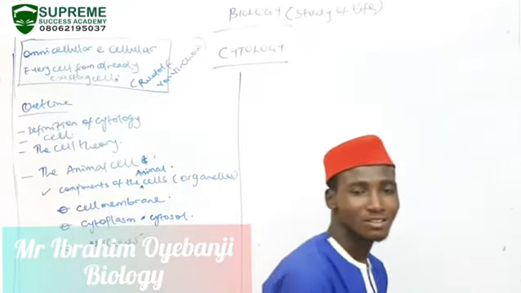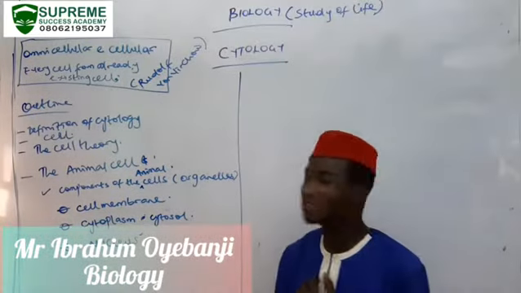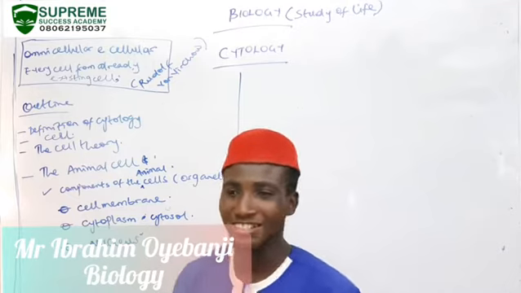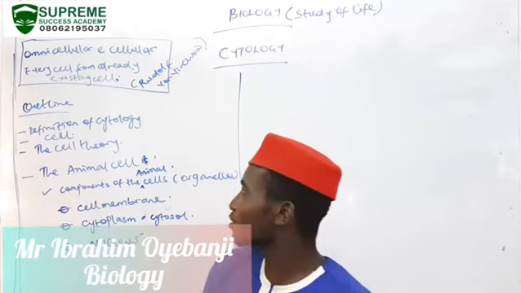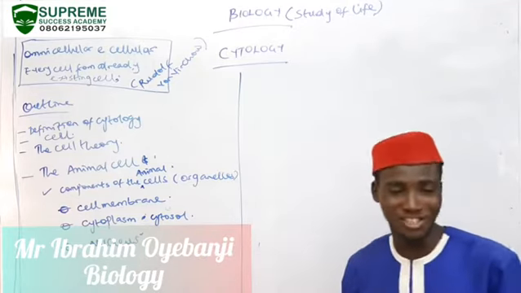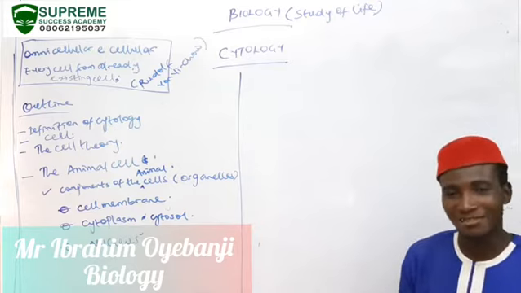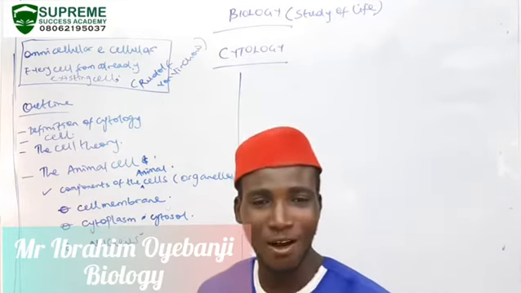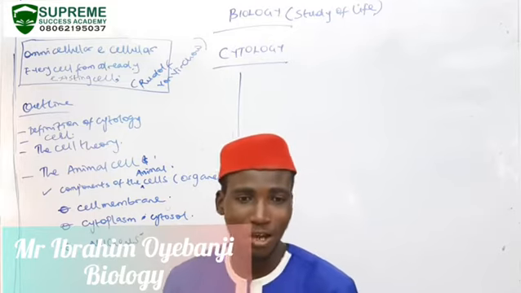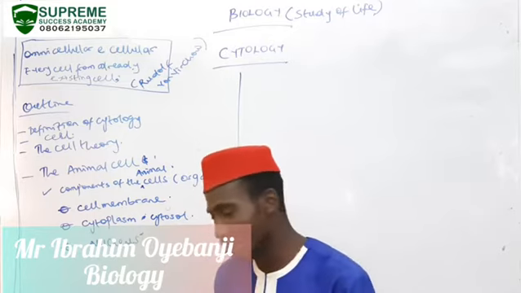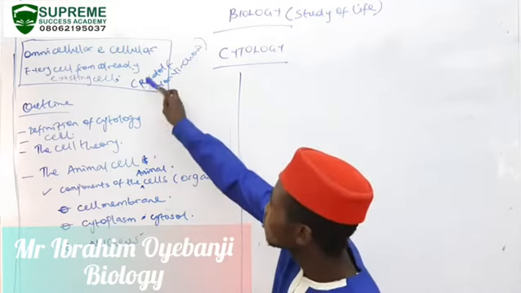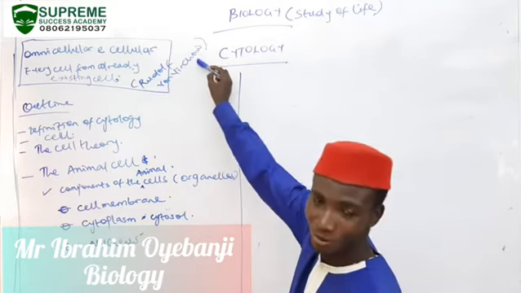Welcome to another session of our online lectures. Today we'll be looking at cytology, which we describe as the study of cells. Of course, for life to exist, we need to take a look at the words of a scientist by name Rudolf von Virchow.